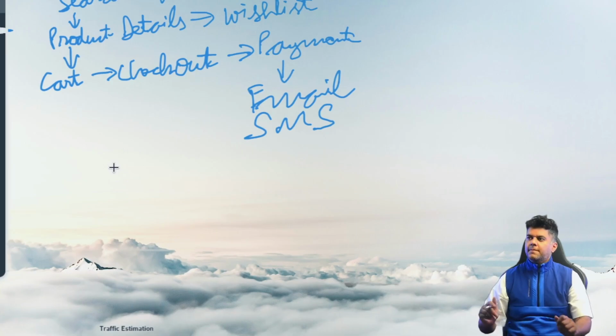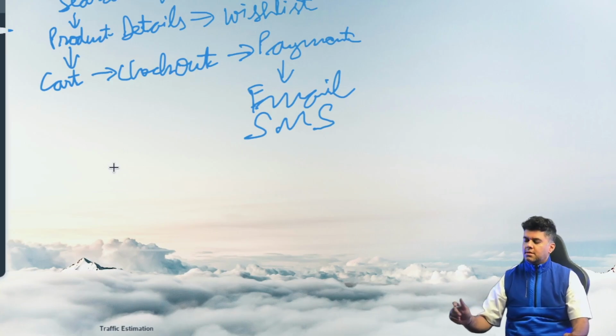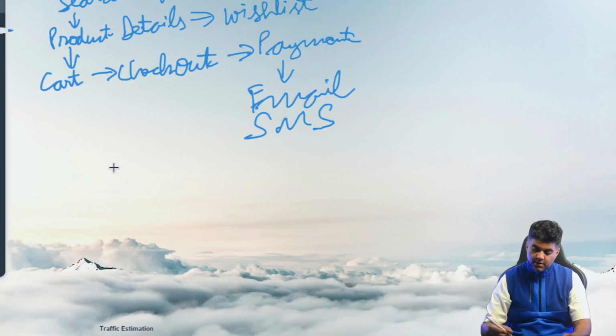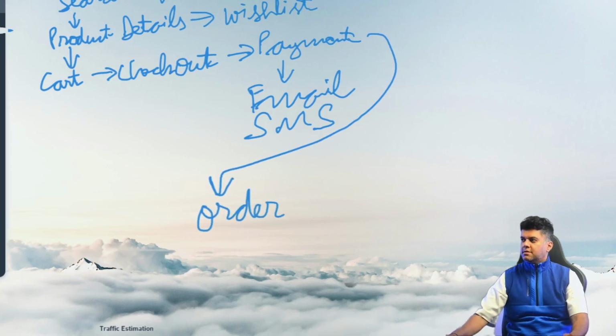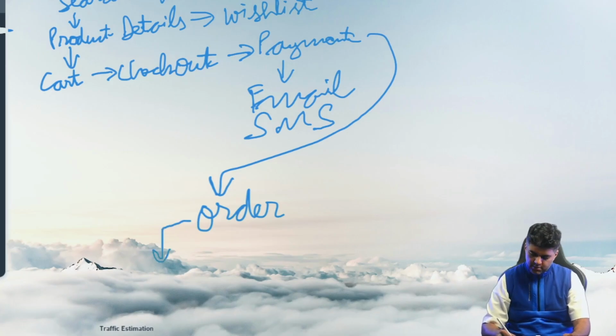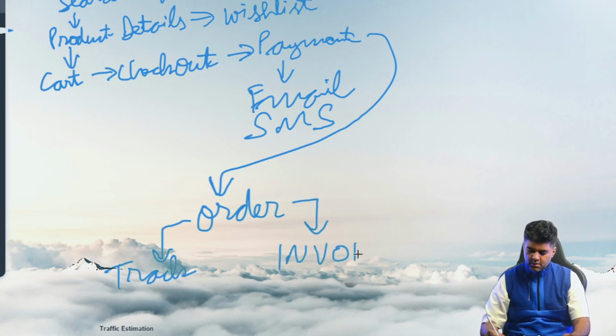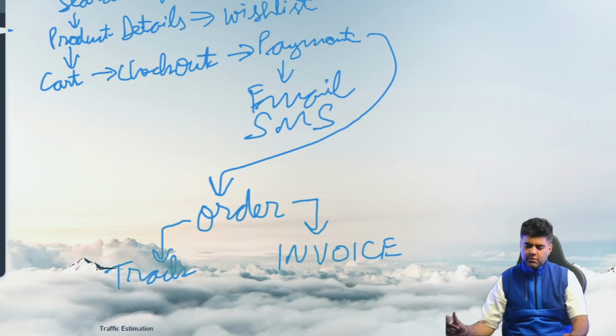The next thing is the order. After he's made the payment, the order gets placed. That's the main thing that happens. Then the user can track the order, and also an invoice gets generated for the user.